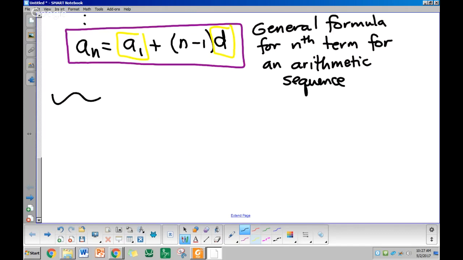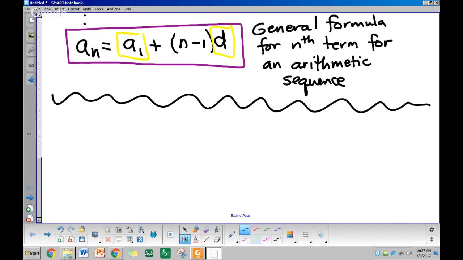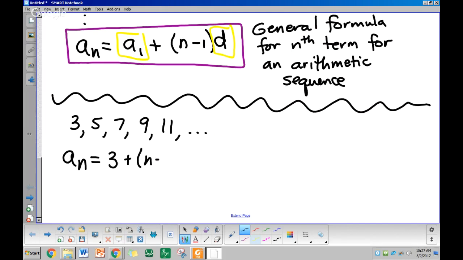So now I'm going to go back to the beginning with the sequence that we started with, which was 3, 5, 7, 9, 11, dot, dot, dot. And we're going to try to find the general nth term for this. So we could say a sub n here equals 3, because that's a sub 1, good, plus n minus 1 times 2.